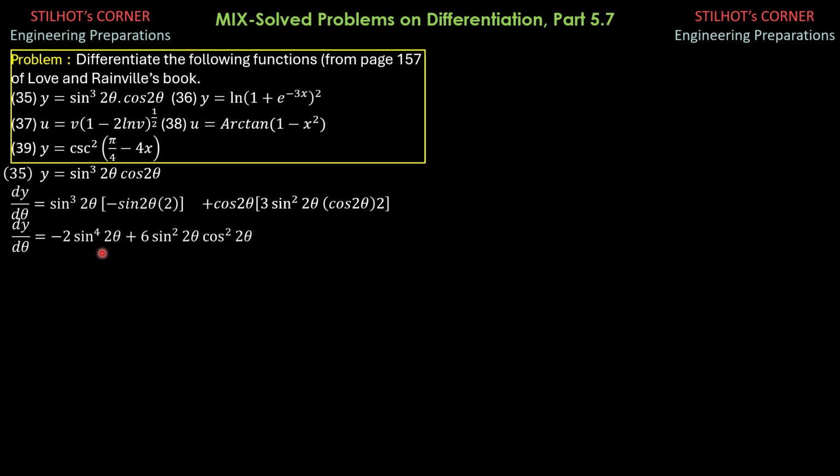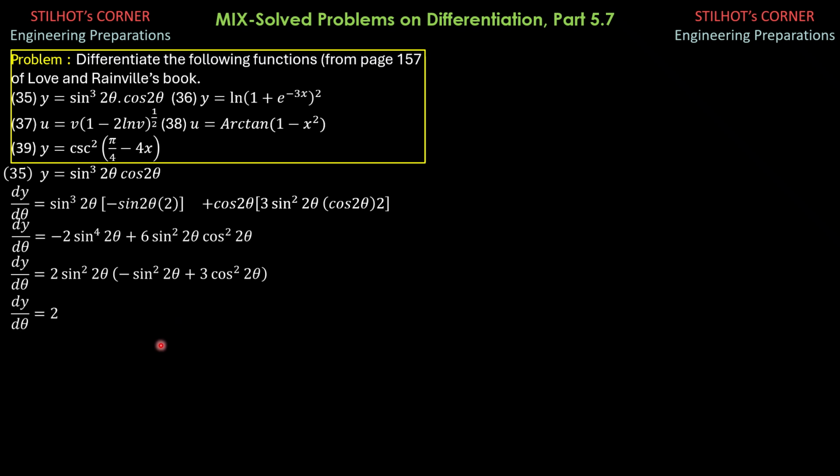Factoring out negative 2 sine square 2 theta, we have negative sine square 2 theta plus 3 cosine square of 2 theta. Then let's make this, we add sine square theta.